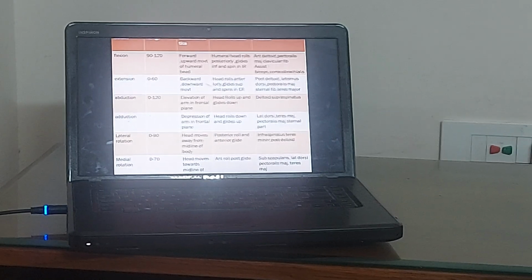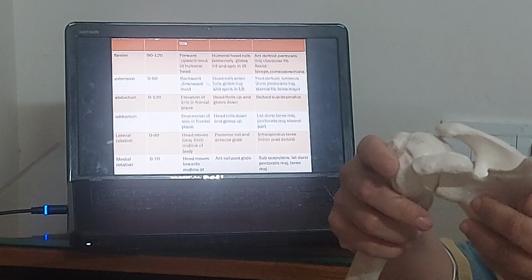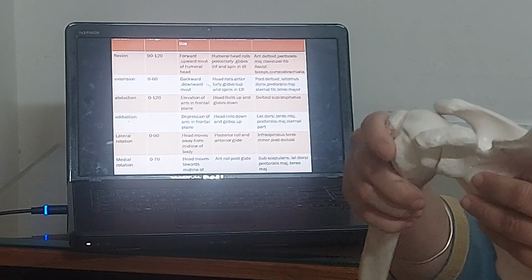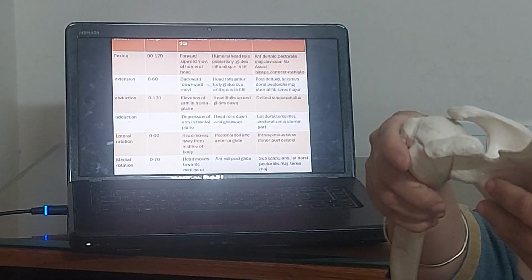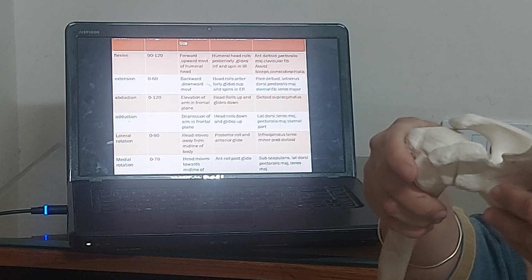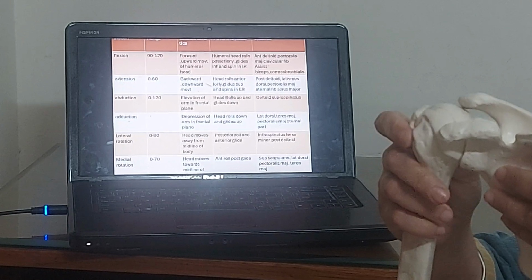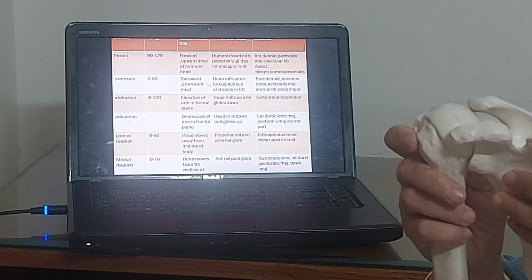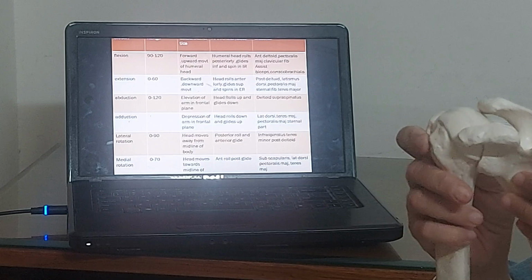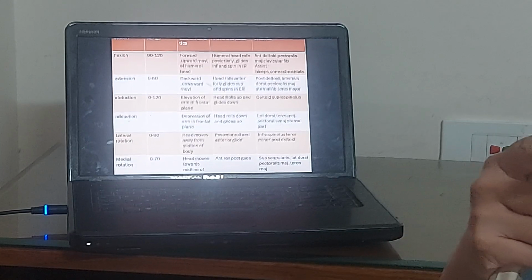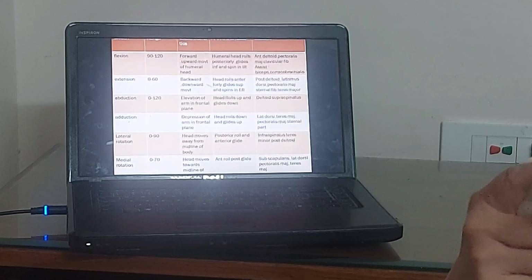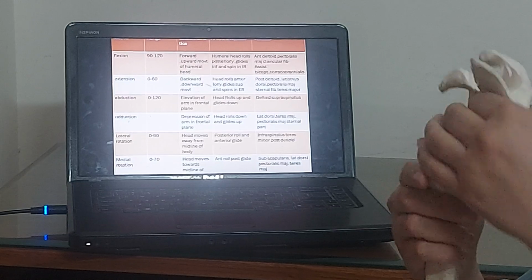So you have to understand these three motions. With extension, the head is rolling anteriorly and gliding superiorly. Why is all this happening? Because this articular surface is very small and the head is so large.